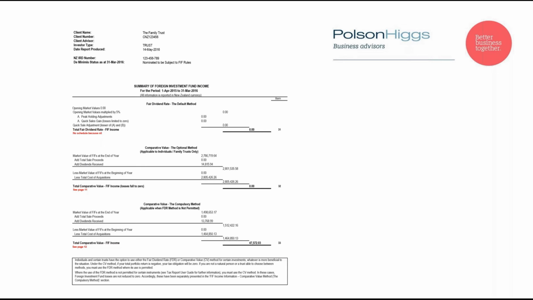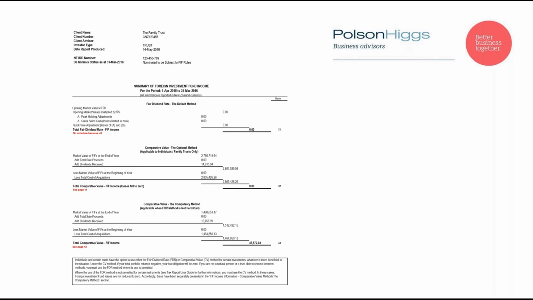Further on, we have the CV calculation, which has an opening market value and a closing market value. These FIF shares went backwards, and therefore we've ended up with $0 again. So I actually had a CV loss because it was optionally CV limited to 0. Therefore, my FIF income is 0.